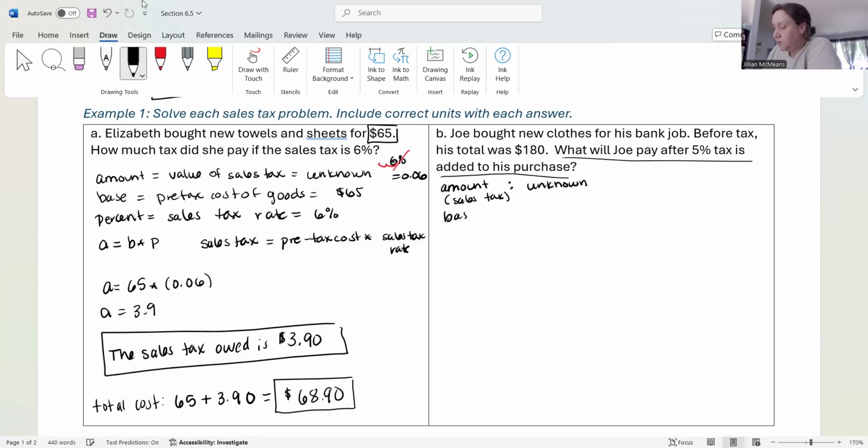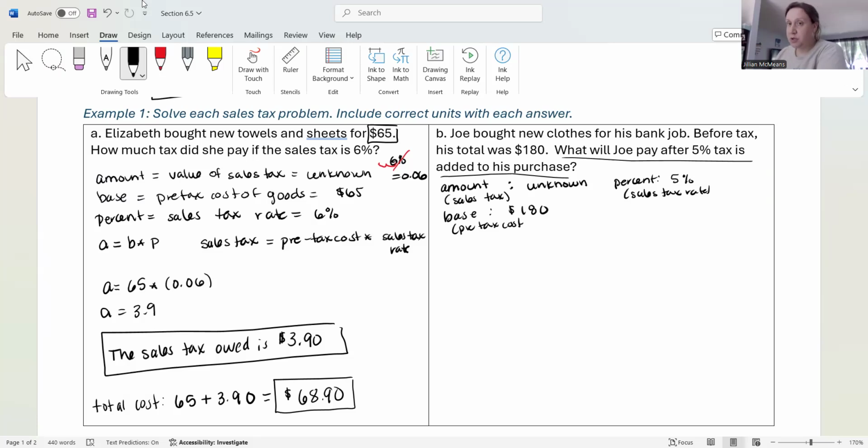The base, remember, that is the pre-tax cost. For us, that is $180. And then the percent, that is the sales tax rate. We are given that it is 5%, okay?